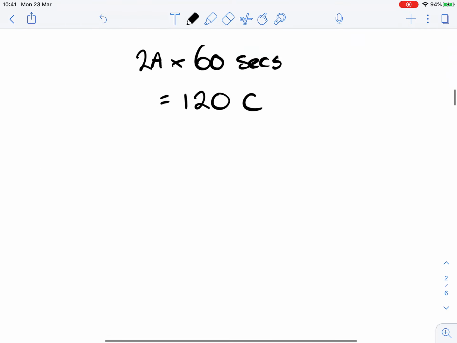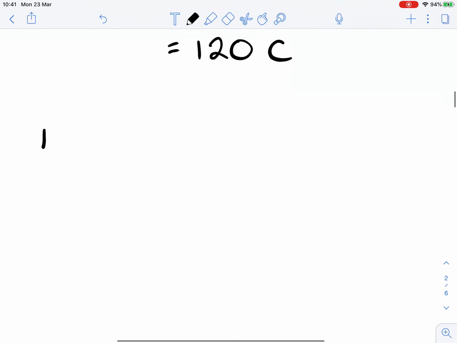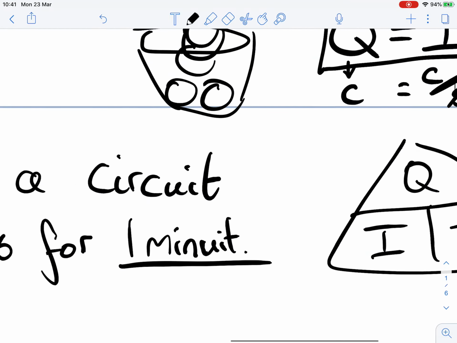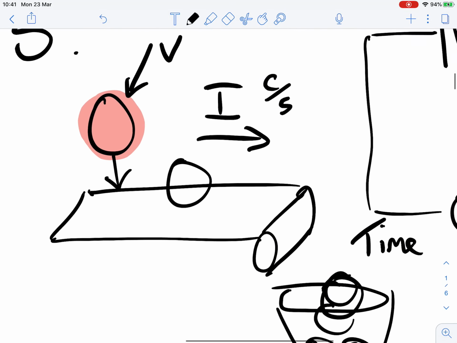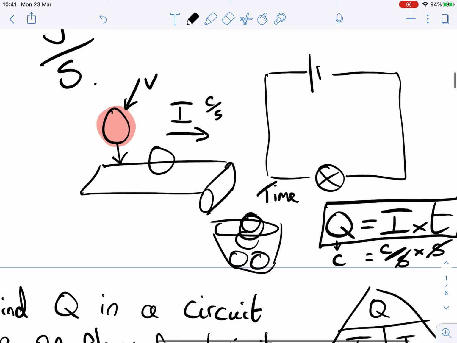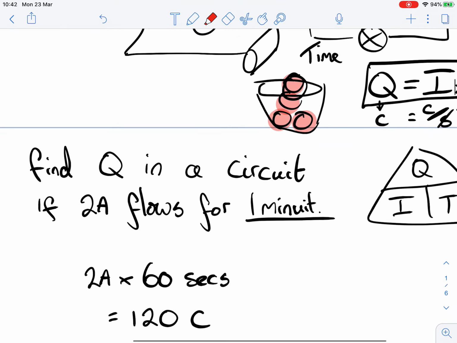And final equation. What about if I want to know the total amount of energy delivered to a bulb? Well, again, it's going back to this example here. Well, if we were to count how much energy was actually in the bucket, like so, all we've got to know is the voltage on top.